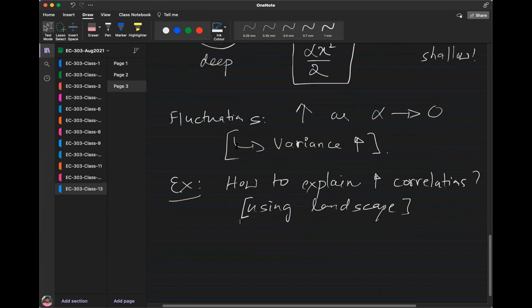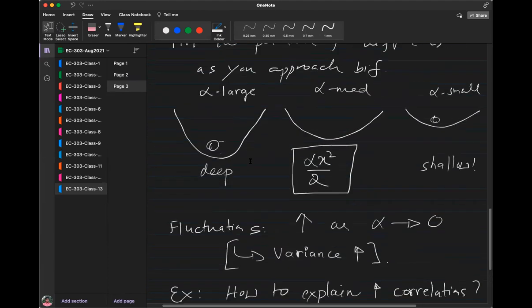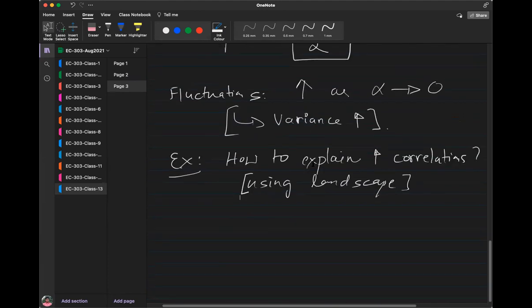Okay, and then if I had gotten all the signs and everything right, you would have found one more feature of the landscape, by the way. What you find is that as you approach the threshold or bifurcation point, this potential is symmetric for alpha large.